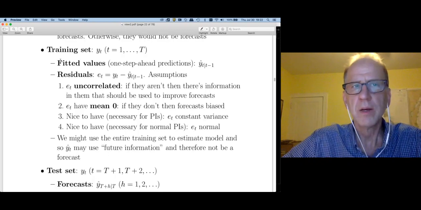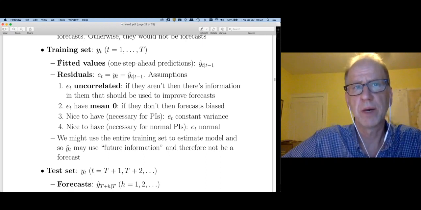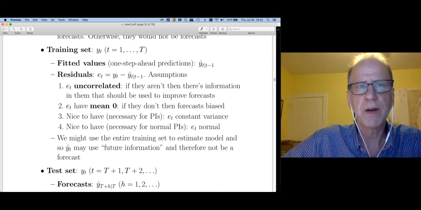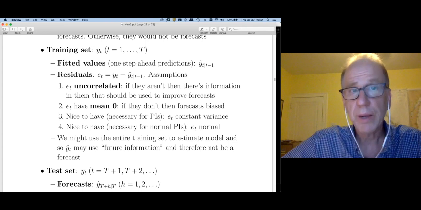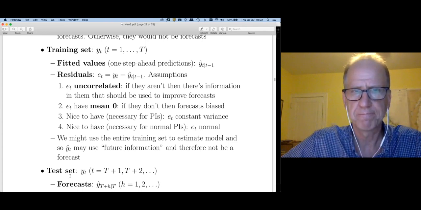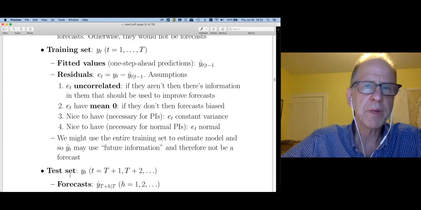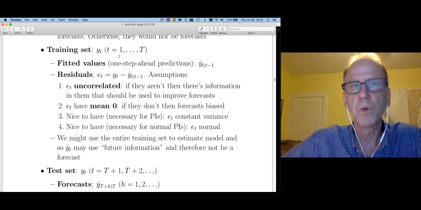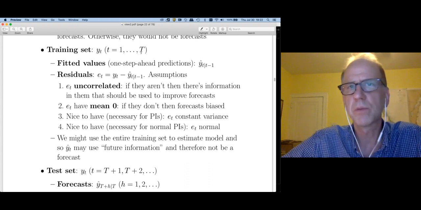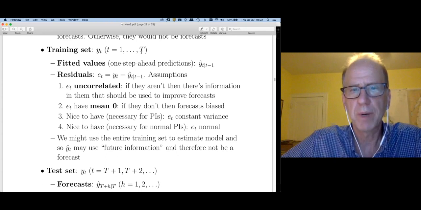When we build a forecasting model, we usually divide our data into a training set and a test set. What I'm going to be assuming is that we're going to use observations 1 through big T to train our model.